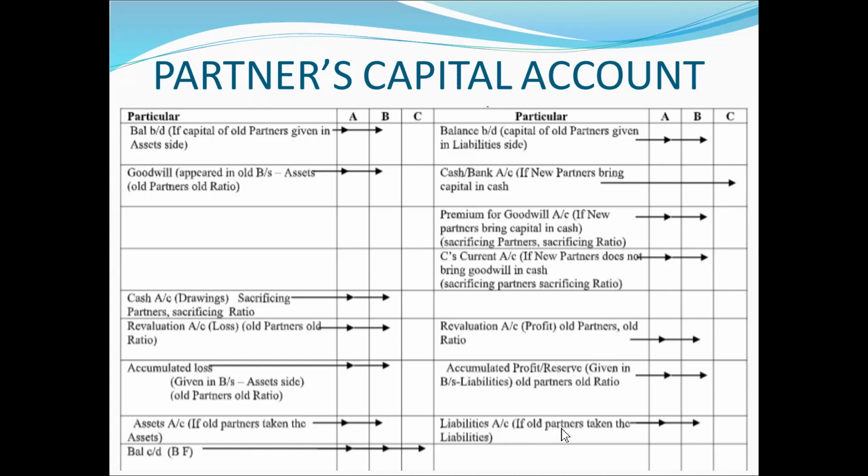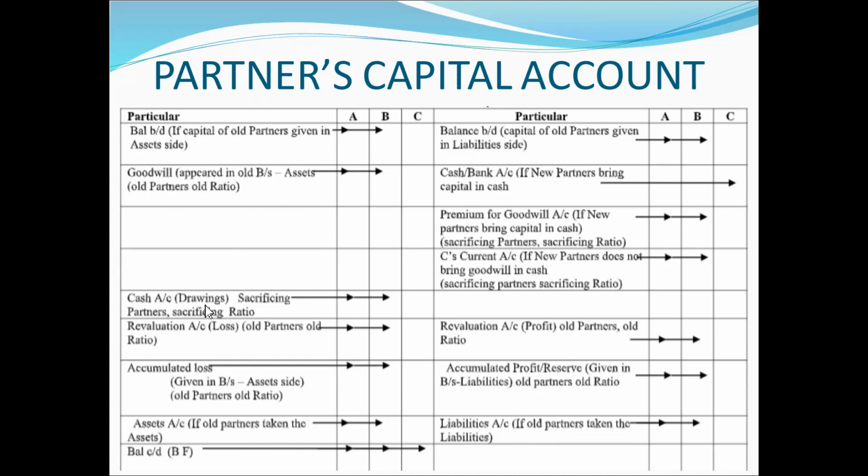So liability account, if the old partners have taken the liabilities. Okay, so what are all the debit items? Balance brought down if the capital of old partner is given on the asset side. Goodwill appearing in the old balance sheet, we have to enter here. Premium of goodwill, you have to enter on the credit side. Old goodwill, you have to enter on the debit side.